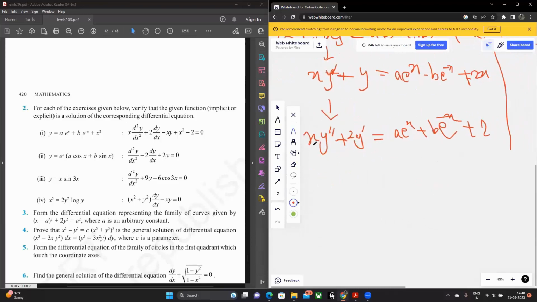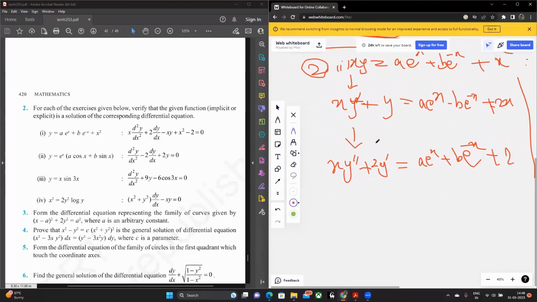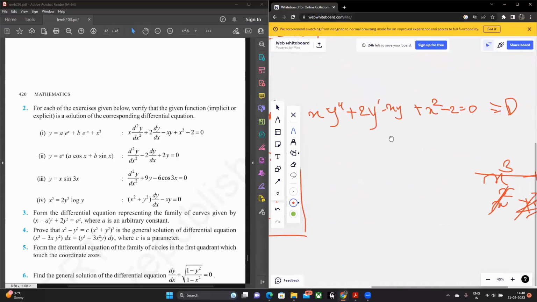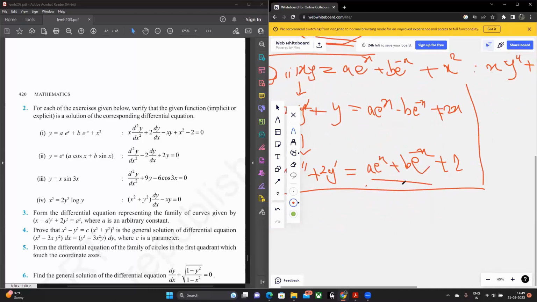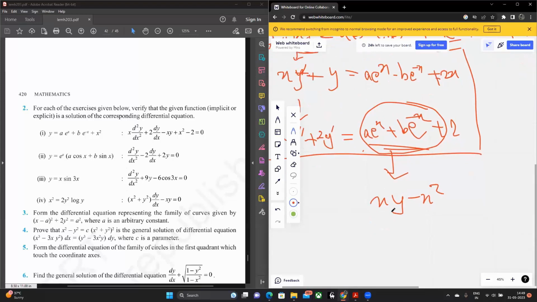So what we get from here is an equation relating this. And you can see that this term is basically xy minus x squared, a e^x plus b e^(-x). This is basically this minus this.